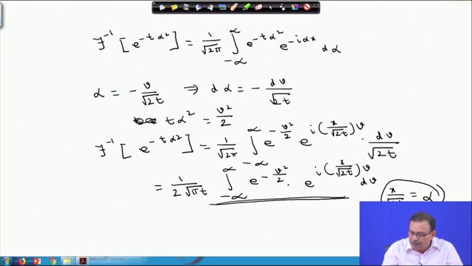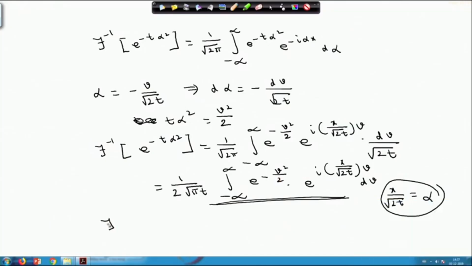So e power I x by root 2t into v, and this will represent a Fourier transform of e power minus v square by 2 into e power I into x by root 2t into v. Again I am repeating, this integral represents the Fourier transform of the function e power minus v square by 2 with the kernel x by root 2t, not alpha.